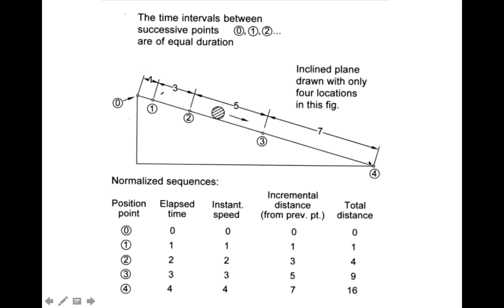And here it is summed up that at any given time, you can see that the distance traveled follows the odd number rule 1, 3, 5, 7, and then the total distance follows the perfect squares 1, 4, 9, 16. And that shows the underlying relationship between the distance and time for a uniformly accelerated ball rolling down a ramp.